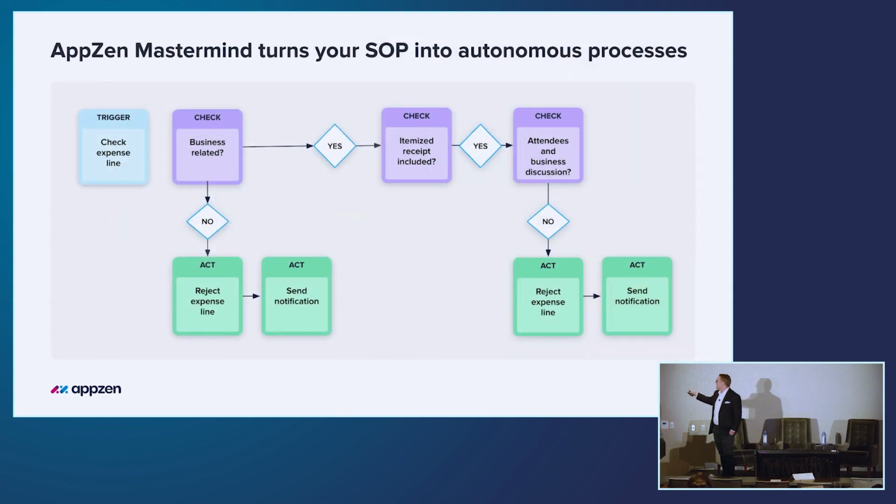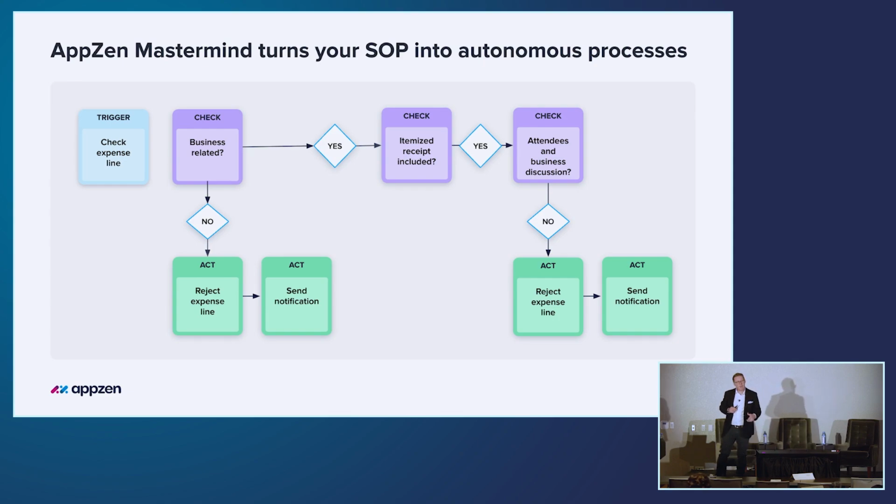When I look at it here, that's breaking out a lot of logical steps. Now, of course, that's great on a flow diagram, but how do you incorporate that into AppZen? You've heard a lot about Mastermind. You've heard a lot about DIY apps today. If you're interested in this and want to see the practical application, actually see what the screens are going to look like, I would go to our team session, which is next in this room.